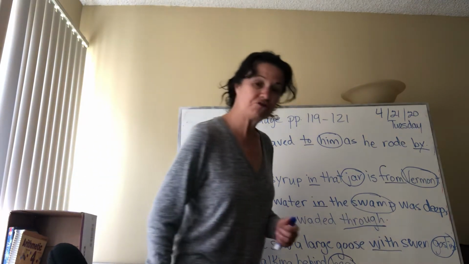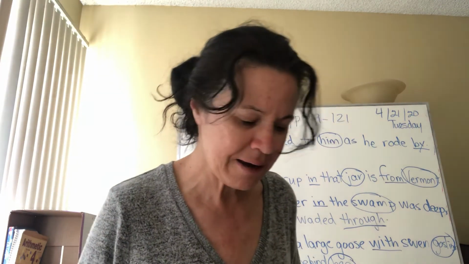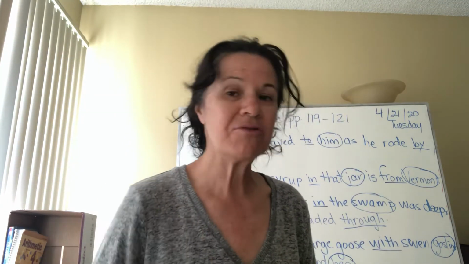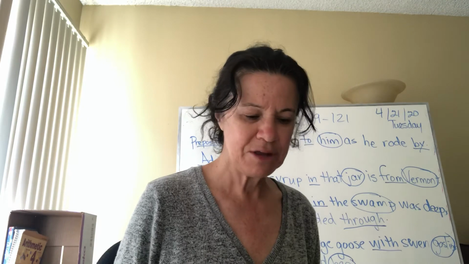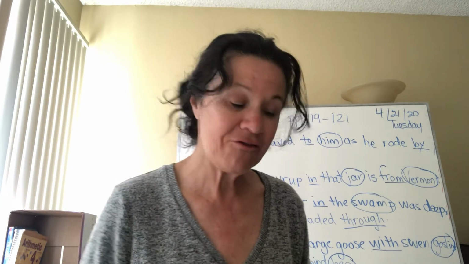So that's what you do for the rest of numbers 5, 6, 7, 8, 9. If the underlined word has an object after it, then it is a preposition. If it does not, then it is an adverb giving details about the verb. All right? So that's going to be the first part.